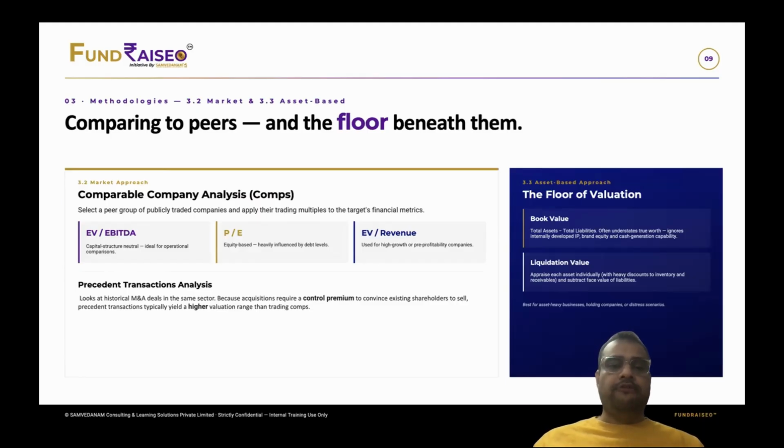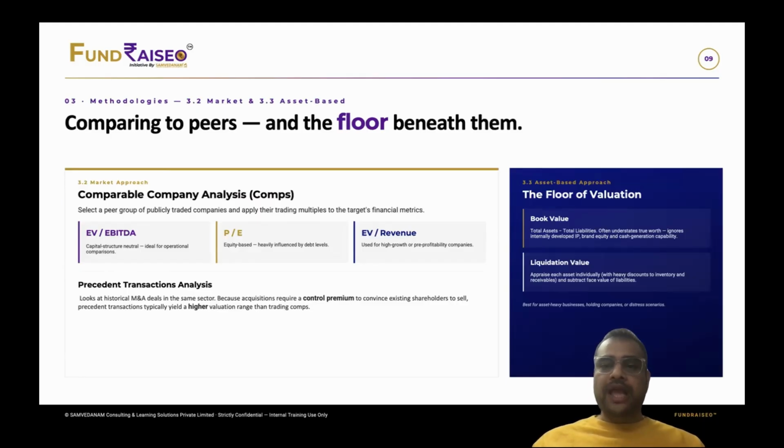This methodology looks at historical M&A deals which are prevalent in that particular sector. And as I said, acquisitions require a certain control premium to convince the existing shareholders to sell. Precedent transactions typically yield a higher valuation range than the trading comparables, right? This whole thing forms the market-based approach.